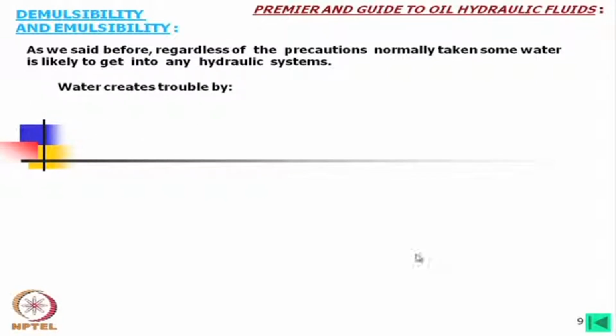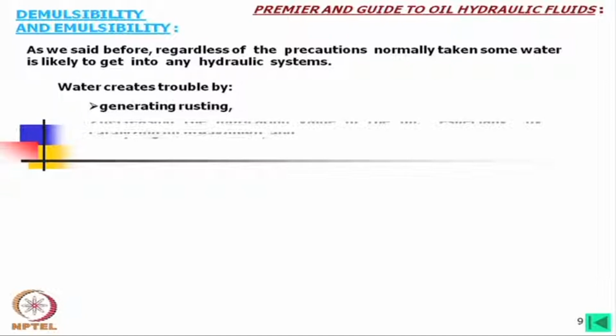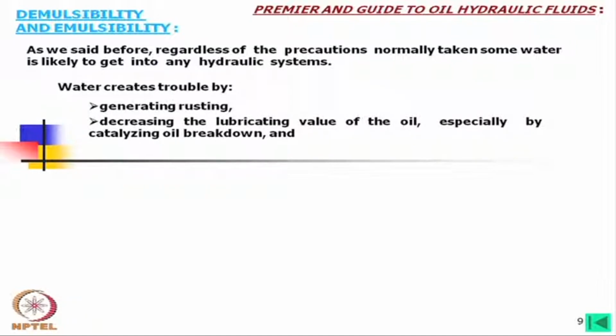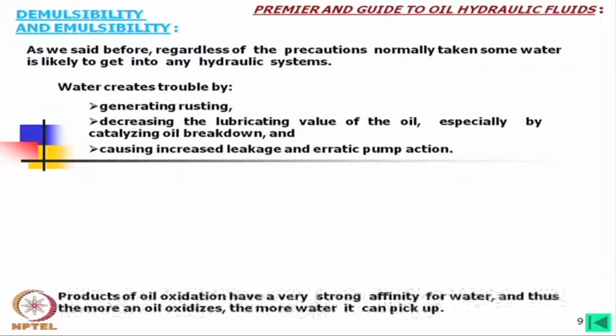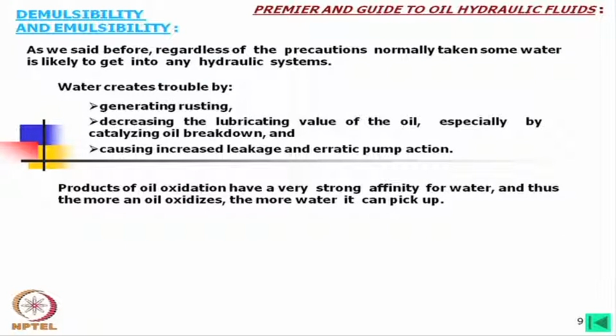Water creates trouble by, first, generating rusting. Second, decreasing the lubricating value of the oil, especially by catalyzing oil breakdown, and causing increased leakage and erratic pump action. This cavitation is one big factor.